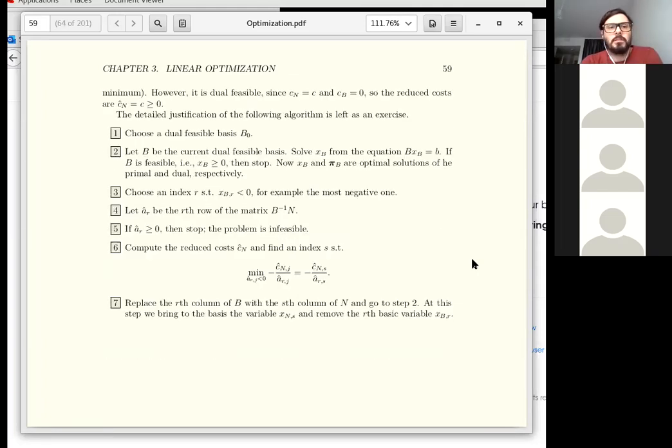The detailed justification of this algorithm is left as an exercise, but the idea here is this. We find a feasible basis for the dual, and we solve this B xB equals b, right? So it's a feasible basis for the original one, and it's feasible for the dual.